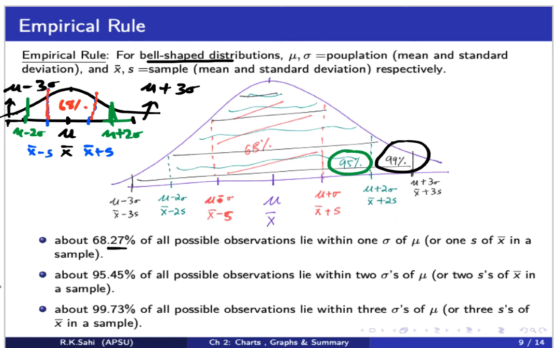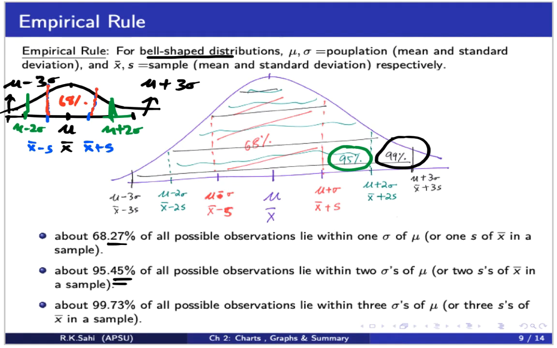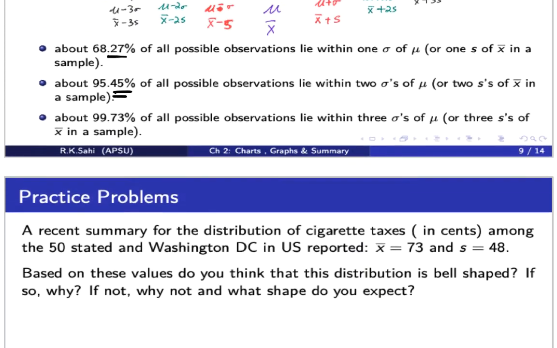Within 2 standard deviations of the mean, 95.45% of the observations lie. I'm becoming very, very pedantic here. And within 3 standard deviations of the mean, around 99.73%. So roughly 99% of observations lie within 3 standard deviations of the mean. Okay. Now let's do some examples based on what we just learned on empirical rules.